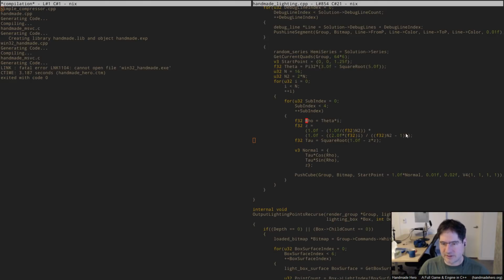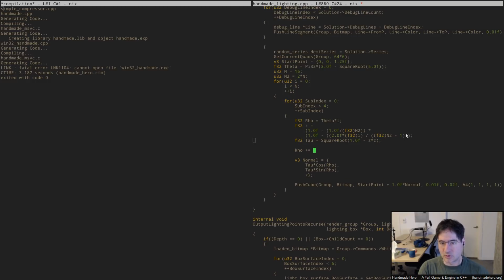One thing I'm curious about is, let's suppose we just offset our rho more, right? Like we just spun our angle by a random amount. So let's suppose that our rho is the only thing that we offset, and we offset it by whatever we want. So it's just tau times a random unilateral.